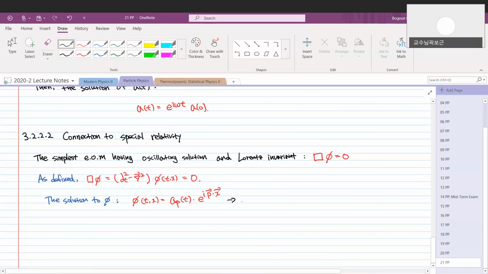This is a simple solution, a plane wave with coordinates x1, x2, x3.